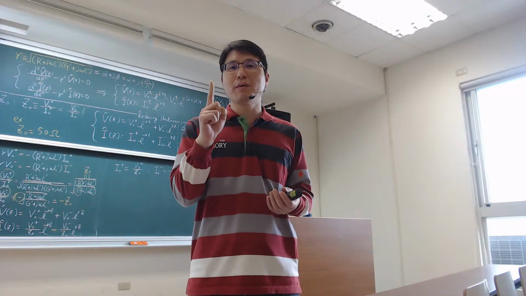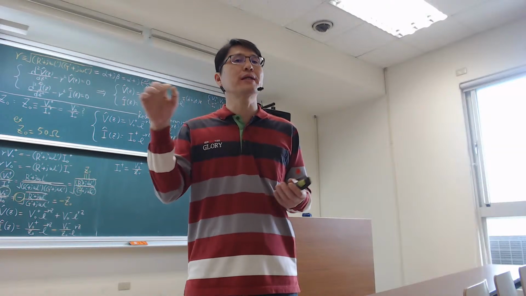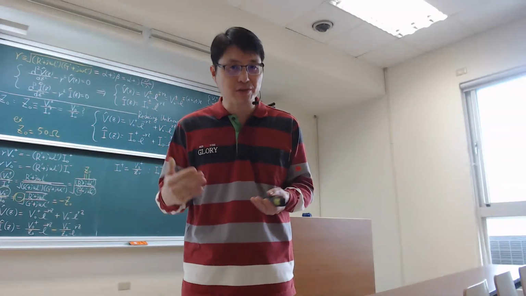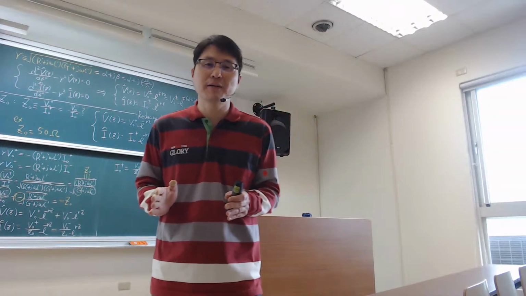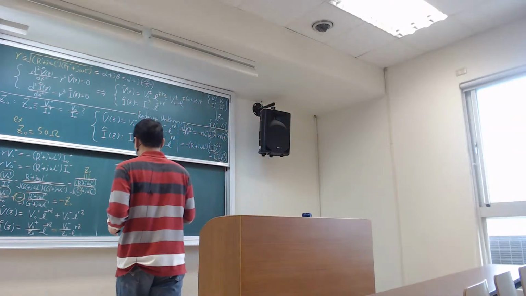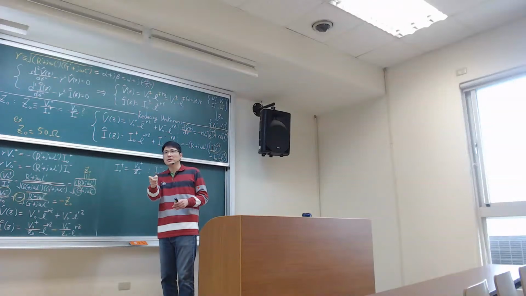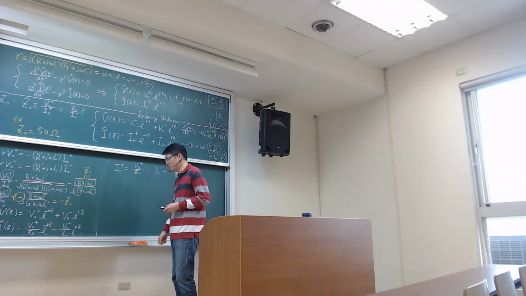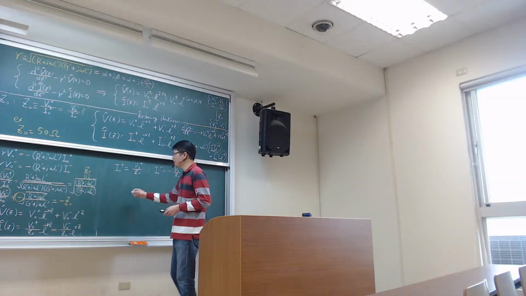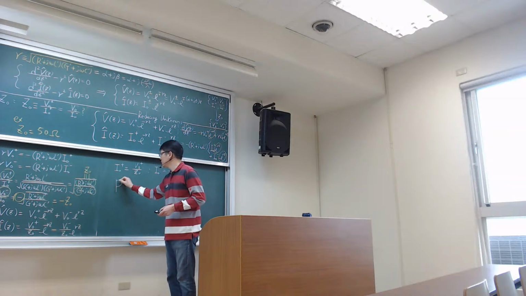So -1 means you have a 180-degree phase difference. So it is valid, but if you want to understand the physical meaning, are there any response? No response? Okay, we missed the chance to have bonus.